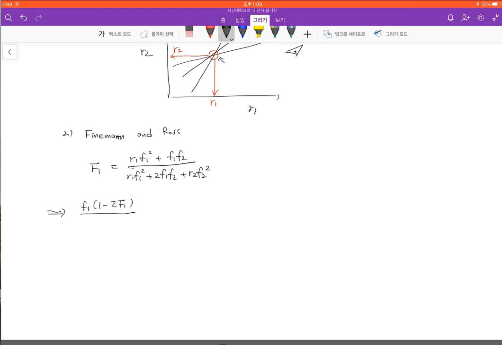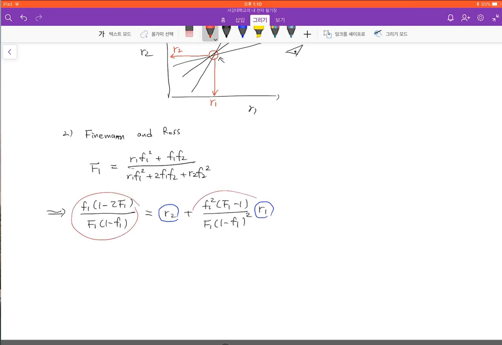If you rearrange it, what you get is F1 times (1 minus 2 F1) over F1 times (1 minus F1) equals R2 plus F1 square times (F1 minus 1) over F1 times (1 minus F1) square R1. So we have R2 here and R1 here.